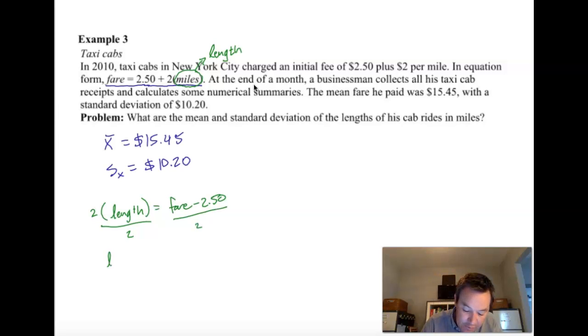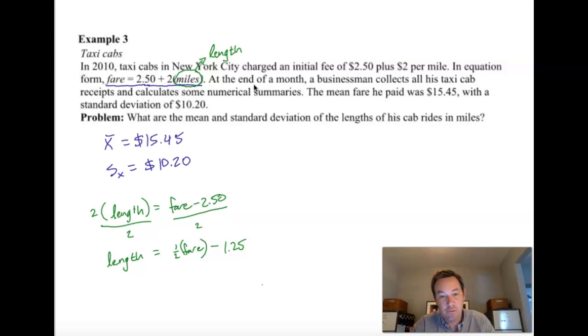So now I have the length of my rides, which will be in miles, equals, I'm going to rewrite fare as 1/2 fare, which is going to be in dollars, minus the 2.50 also got divided by 2, so it becomes the 1.25.